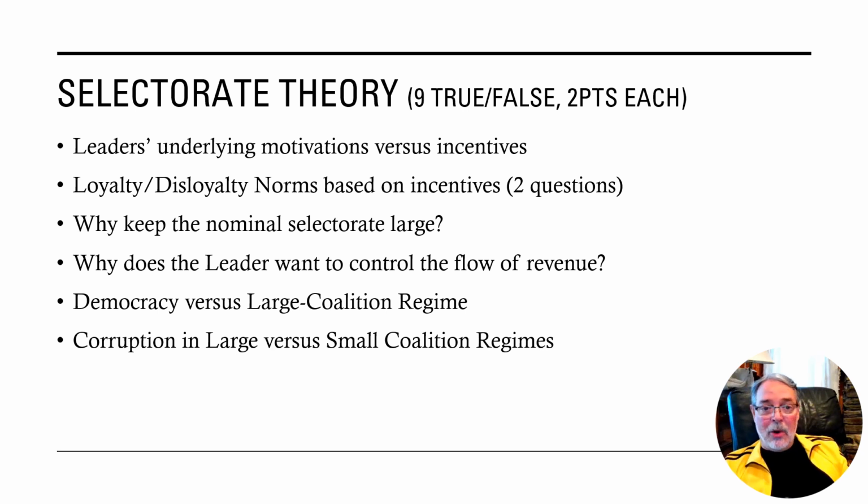And by the way, in a large coalition regime, leaders have an incentive to prevent corruption from becoming such a big problem that it stifles economic growth. In a small coalition regime, no, they don't care. They don't care about economic growth. More corruption, the better, right? And so another foible, it's not in the test, but another foible is that small coalition regimes can often have very strict anti-corruption laws.